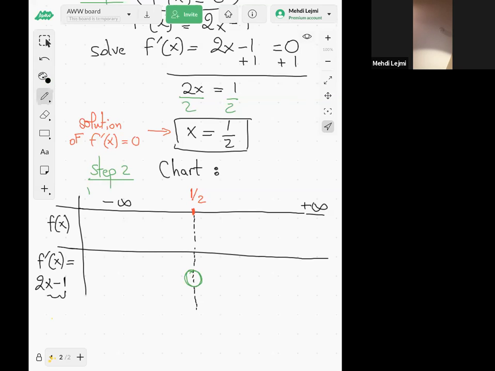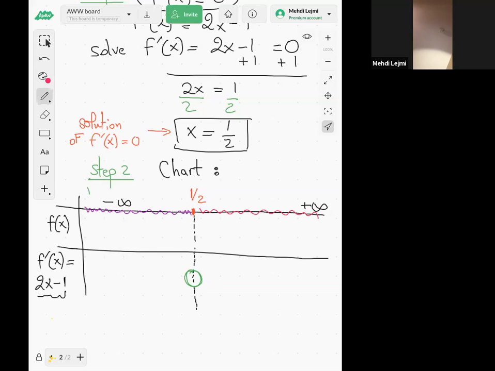That's why I have this green 0 on this line, because that's where the derivative is 0. Now, guys, I have two intervals: the first from negative infinity to half, and the second from half to positive infinity, right?